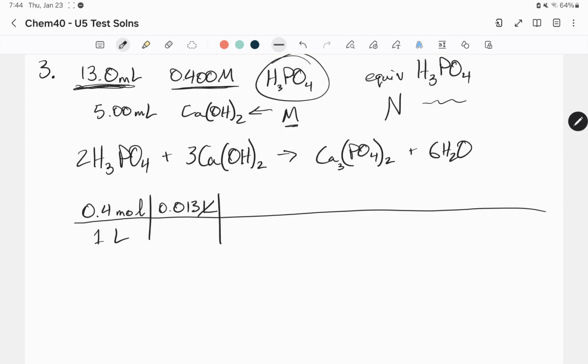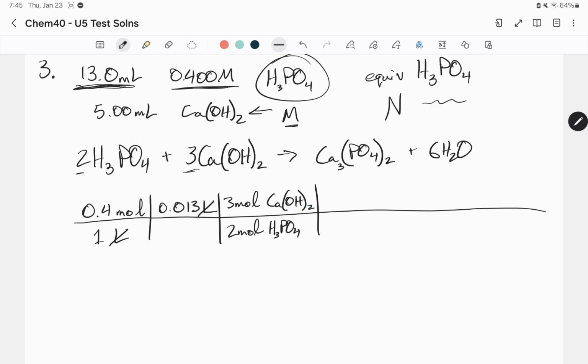So cross out liters. This is going to leave us with moles of phosphoric acid. So we want to go from moles phosphoric acid to moles calcium hydroxide. To do that, we need our balanced equation. So we're going to put moles phosphoric acid on the bottom, 2 moles H3PO4, 3 moles calcium hydroxide. And I'm doing this all in one big step. You can do this in multiple steps.